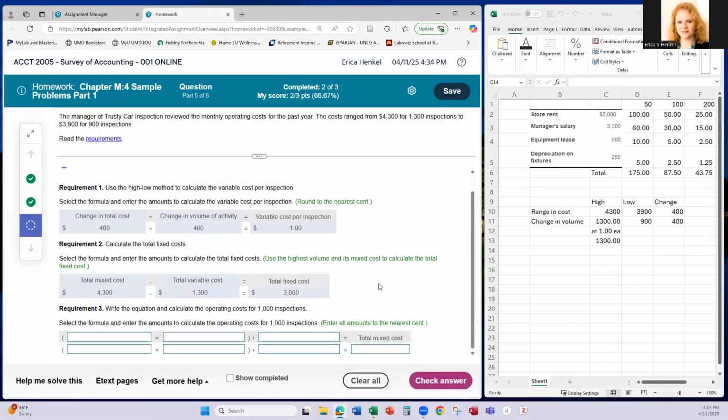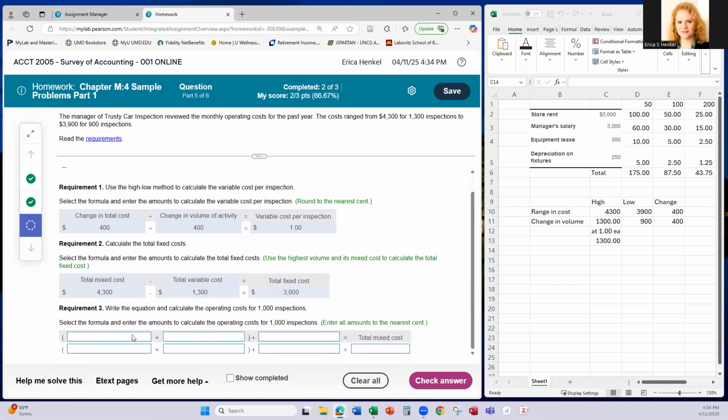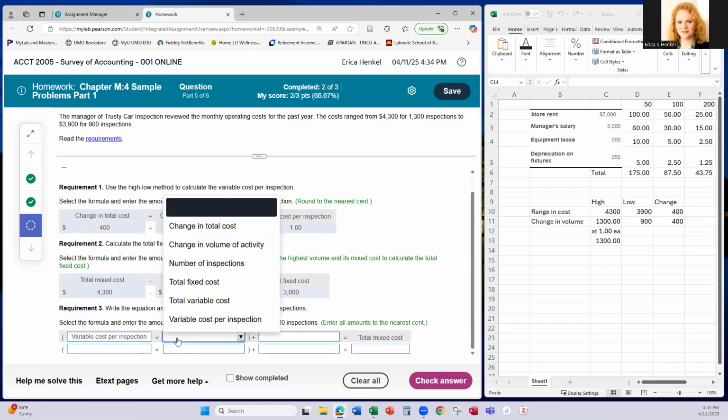All right, and then the last question they're asking is to write the equation and calculate the operating costs for 1,000 inspections. To figure out the variable portion of the cost, you take the variable cost per inspection times the number of inspections.